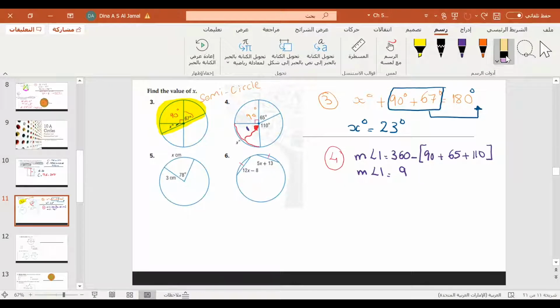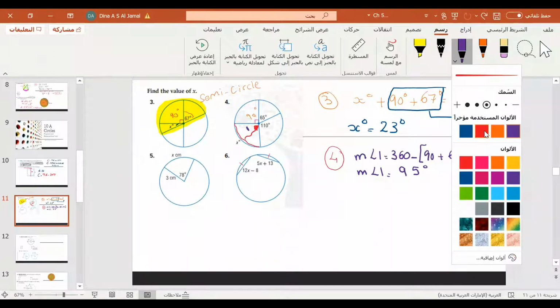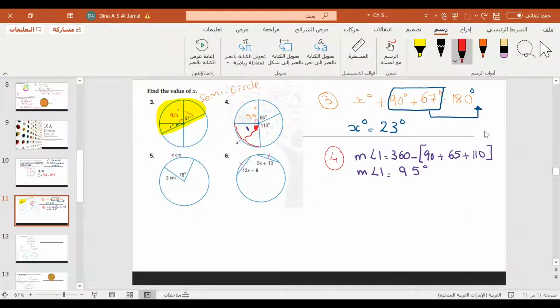Whenever you get the measurement of any central angle, the corresponding arc will have the same measure. That means your x will be equal to the measurement of this central angle M1, which is 95. That's it. Now let's go to question 5.